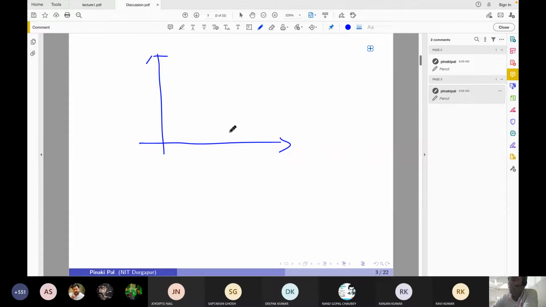So what are the basic ingredients? Whenever we encounter this symbol integral f(x) dx, and we try to evaluate this from the first principle or from the definition, then what do we do? The basic ingredients: A to B, this is the first thing. This is the region of integration.